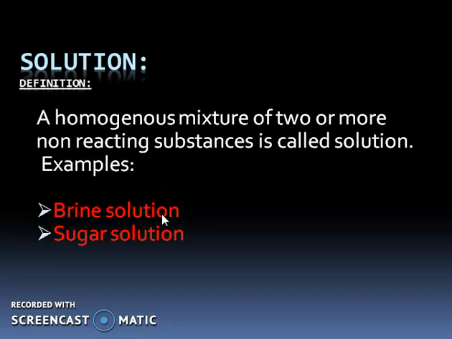And the other thing is that these two components, sodium chloride and water, must not react with each other. If they do not react, the combination is physical, so we can call it a homogeneous mixture, generally known as a solution.